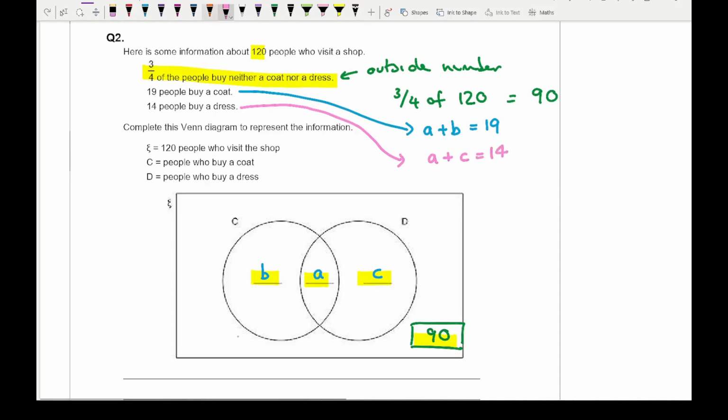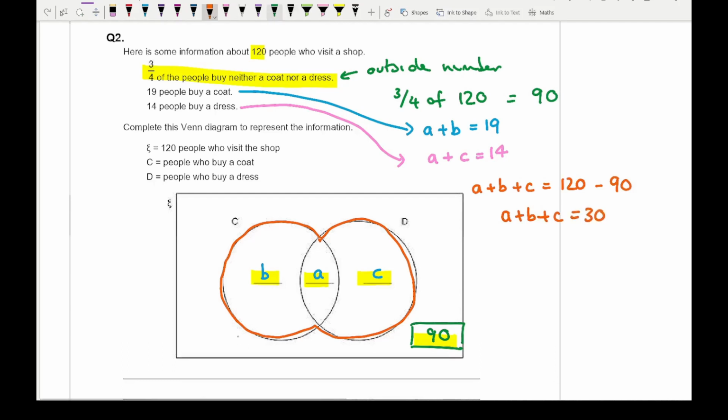Now the other bit of information that I know is, if I want to work out the total number of all of these, A plus B plus C is going to equal the total number, which is 120, minus the outside number, which is 90. So if I simplify that, I get A plus B plus C equals 30.